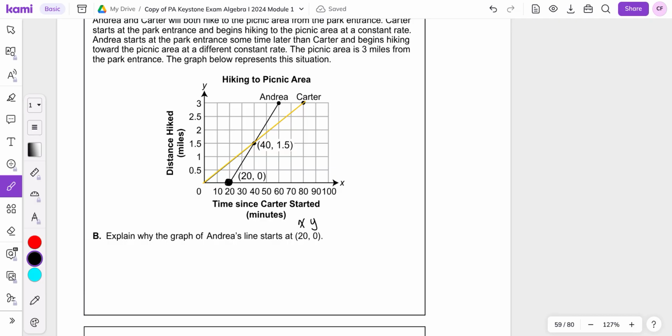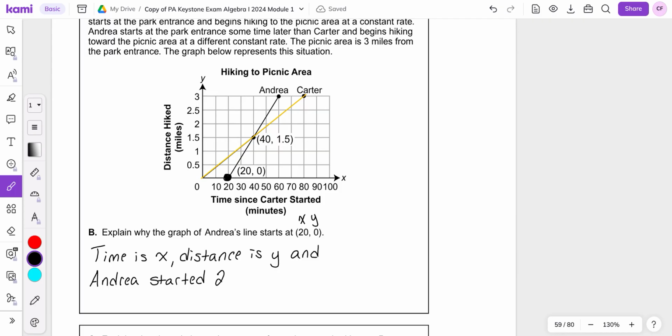The reason for this is time is the x, so time is x, distance is y, and Andrea started 20 minutes after Carter.